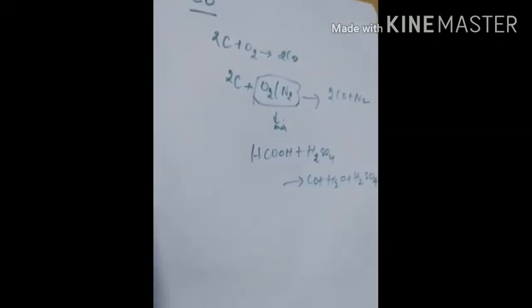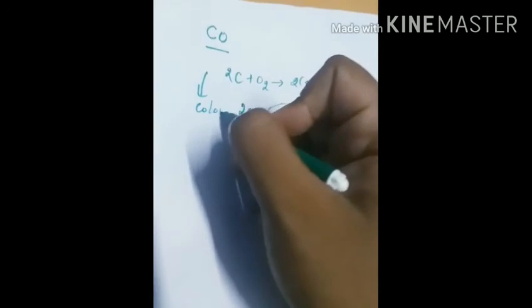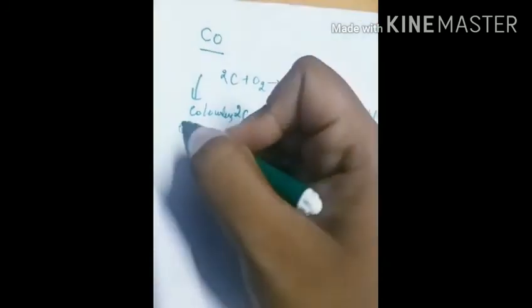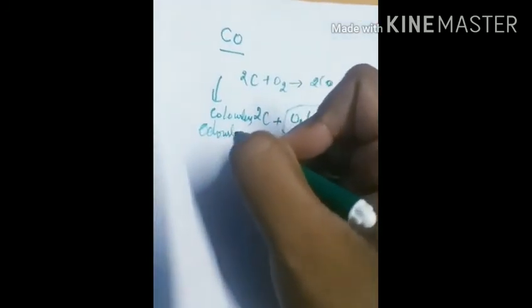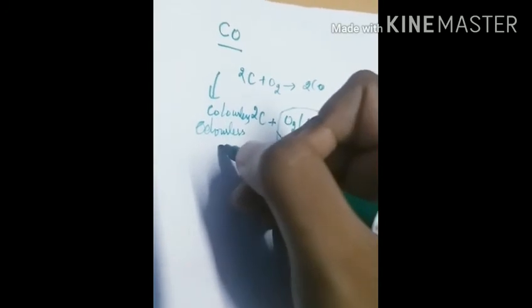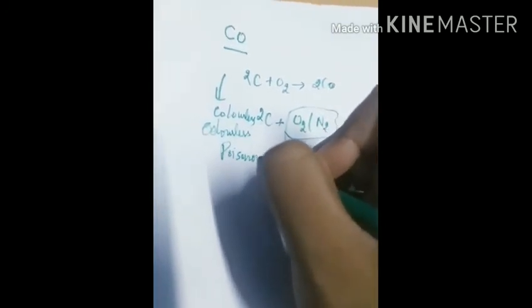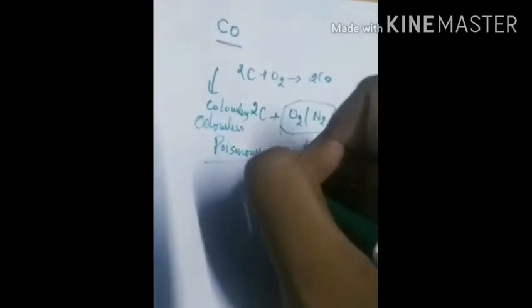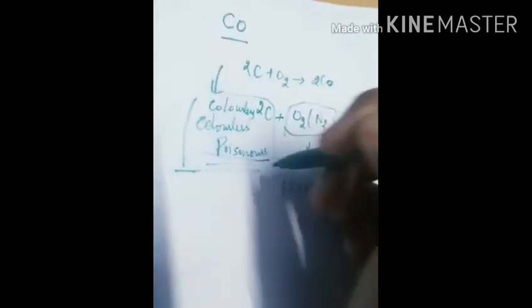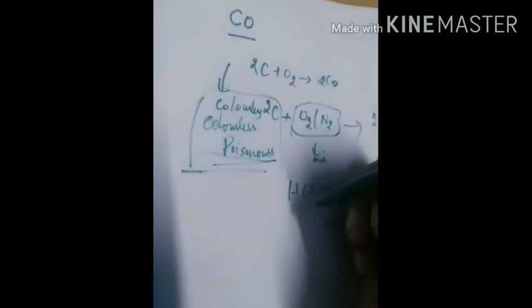What are the properties of carbon monoxide? It is colorless, odorless, and poisonous. It is so poisonous, a very dangerous compound.